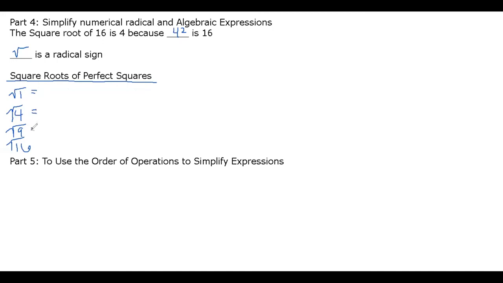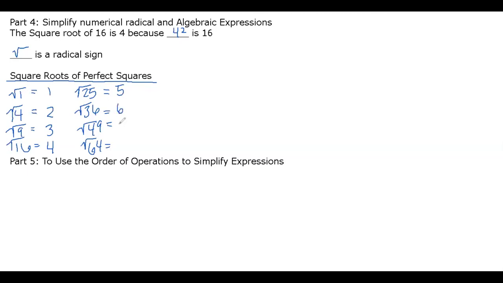So the square root of 1 is 1. The square root of 4 is 2. The square root of 9 is 3. The square root of 16 is 4. The square root of 25 is 5. The square root of 36 is 6.